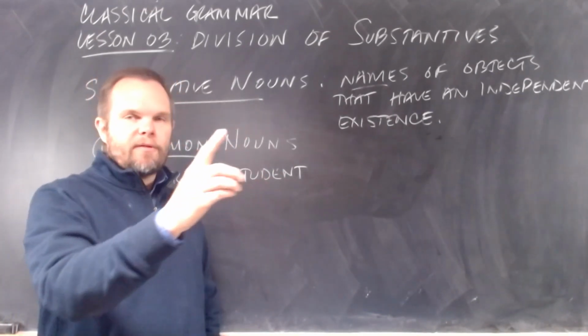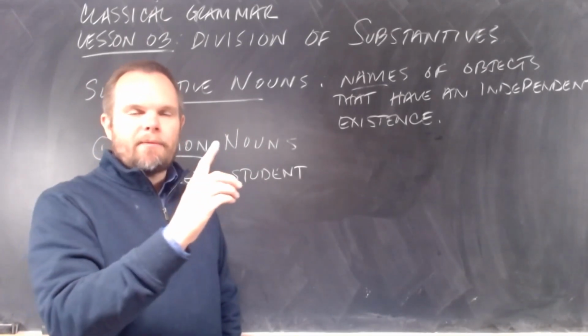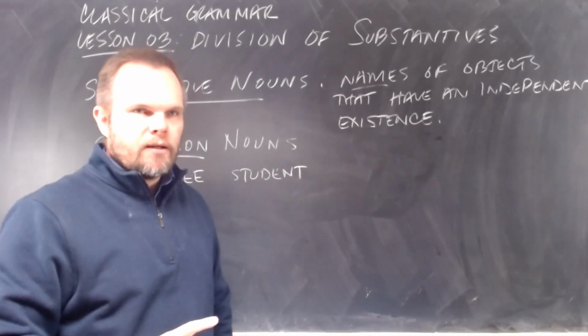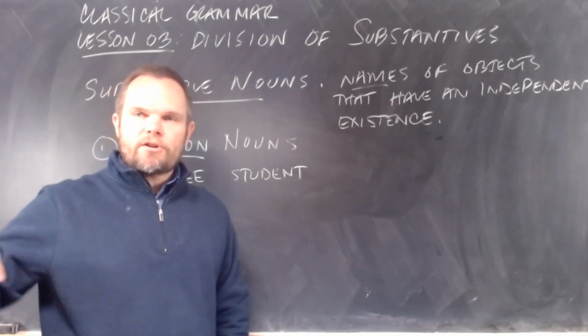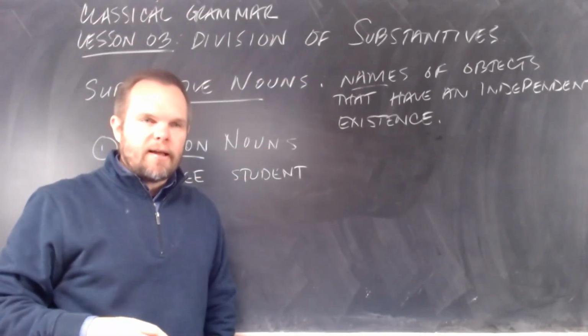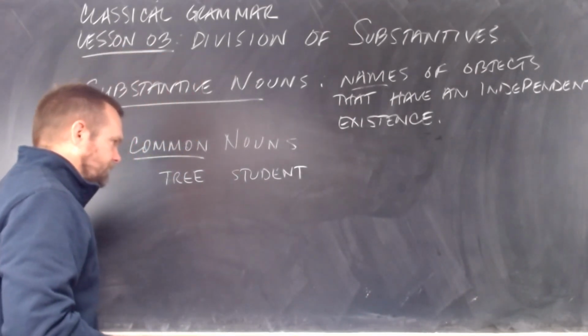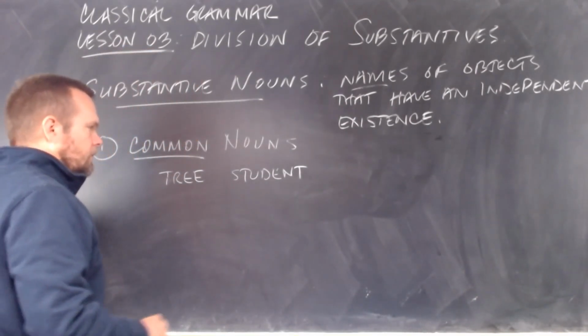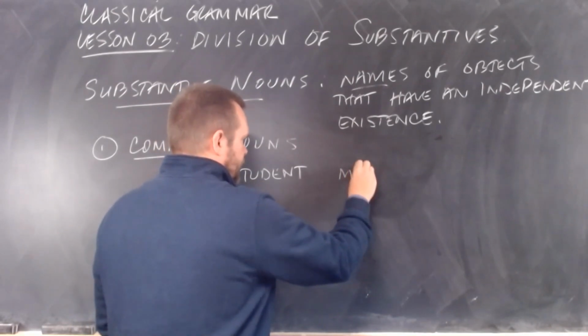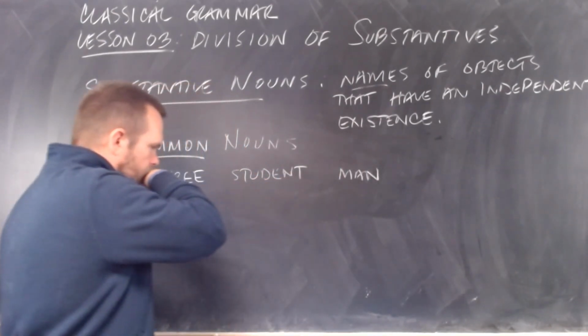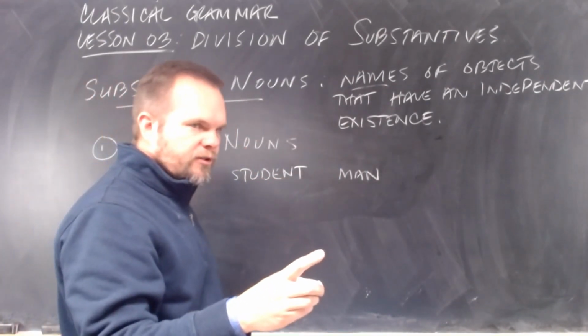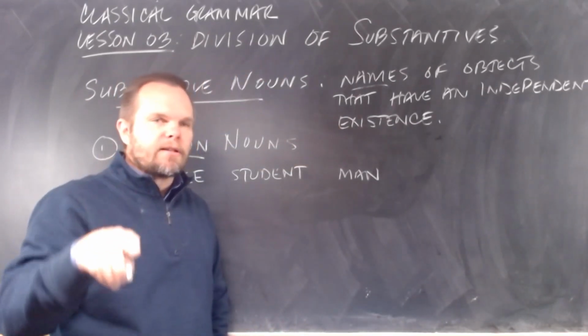Not the name of a specific student, not the name of an individual student, but the name student, which describes a whole class of individuals. Student is a common name. Man is a common name. Not an individual person, but man as a class.